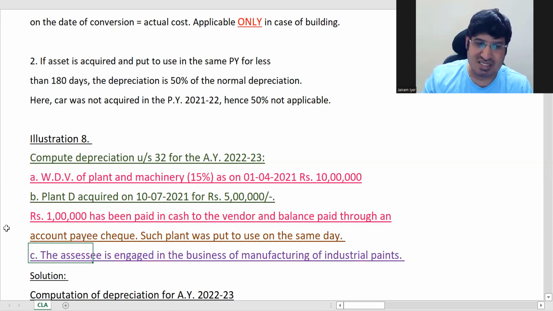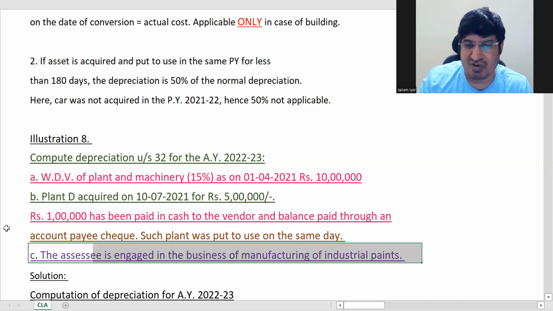Last point is, SSC is engaged in the business of manufacturing industrial paints. So he is in the business of manufacturing something, so he'll get additional depreciation also.